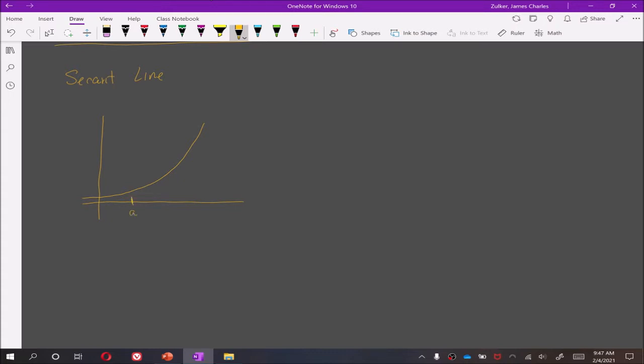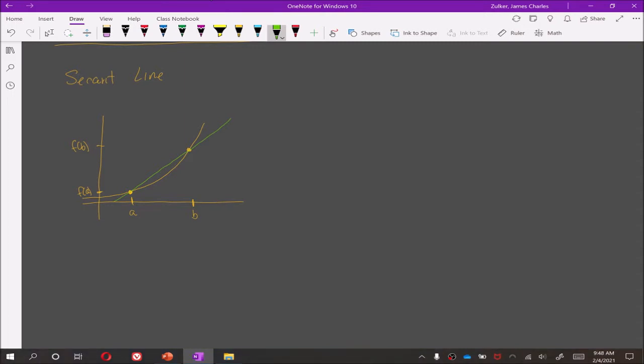Say this is A on the graph, that's B. Then this here would be f of A. Right, and then that point there would be f of B. So the secant line is the straight line that passes through both of those points.